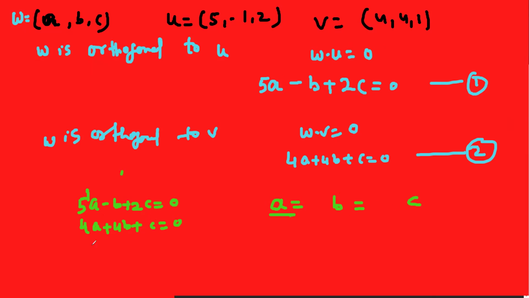For the value of A, hide the value of A, and you will get minus 1, 4, 2, 1.